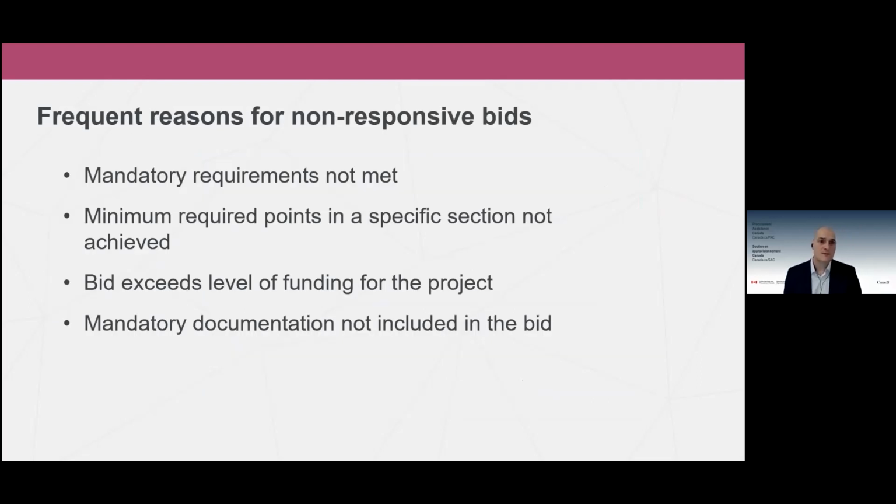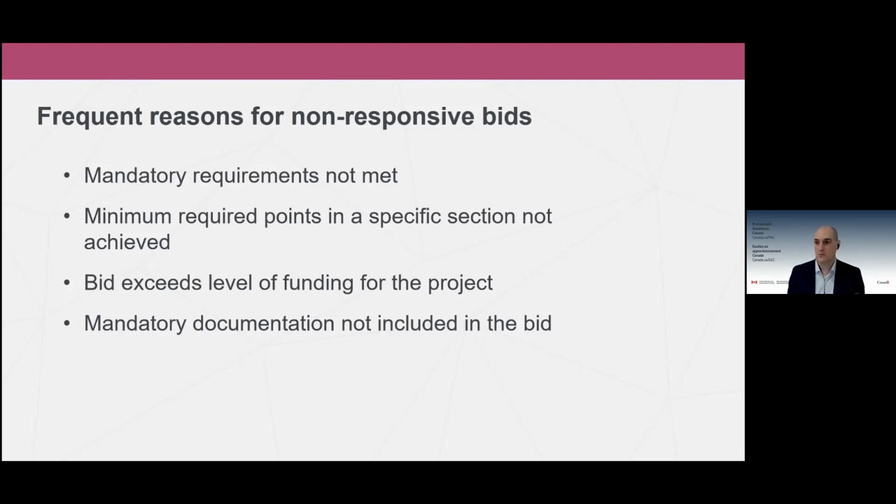Frequent reasons for a non-responding bid: mandatory requirement not met. Quite simple. Minimum requirement points at a specific section not achieved. Again, if it's a point basis contract, if you don't get the points, you don't get the contract. The bid exceeds the level of funding for the project. We see that a couple of times.